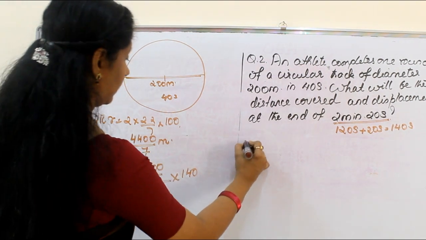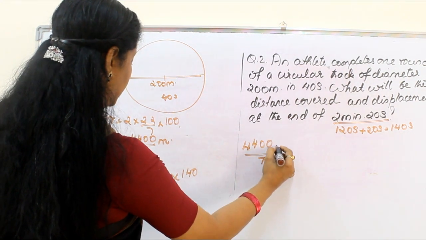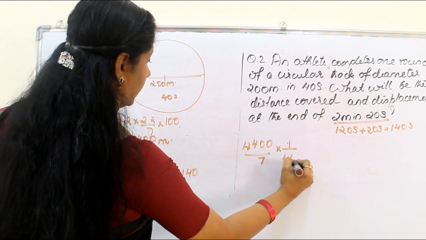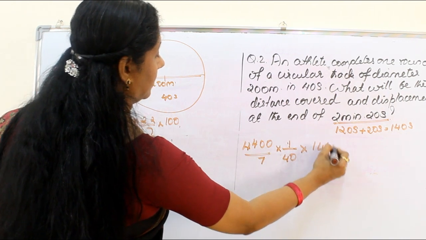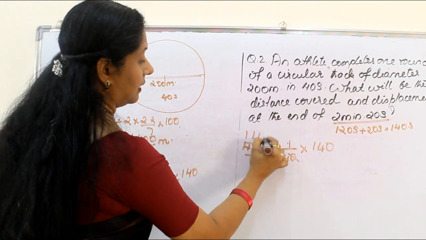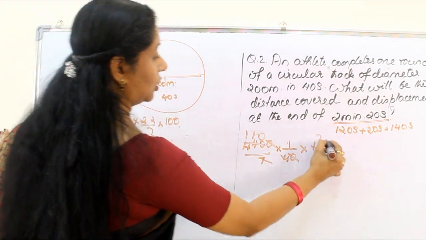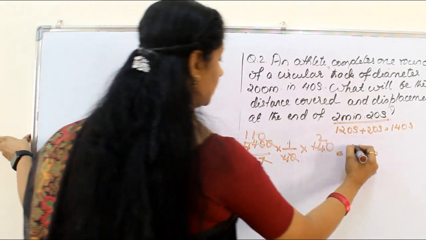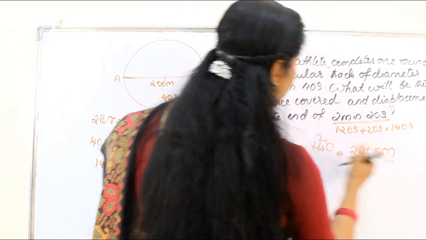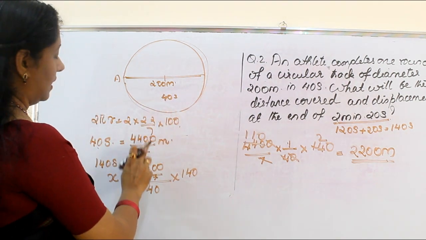So how will you find that? 4400 by 7 into 1 by 40 into 140. We can simplify this: 110 into, so this will become 2, so it will become 2200 meters. You know that in one round he has to travel 4400 by 7 meters.